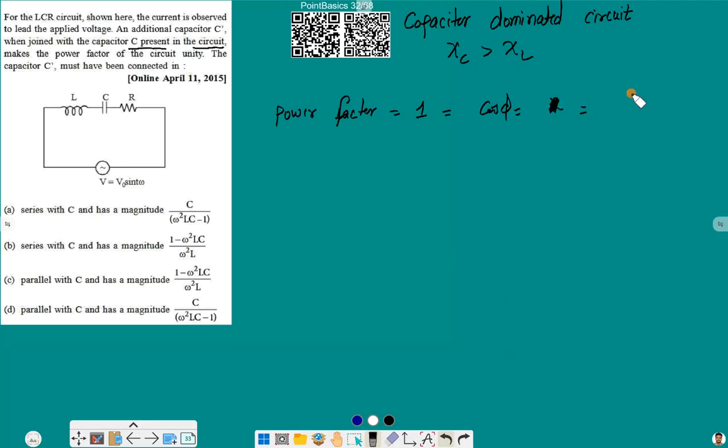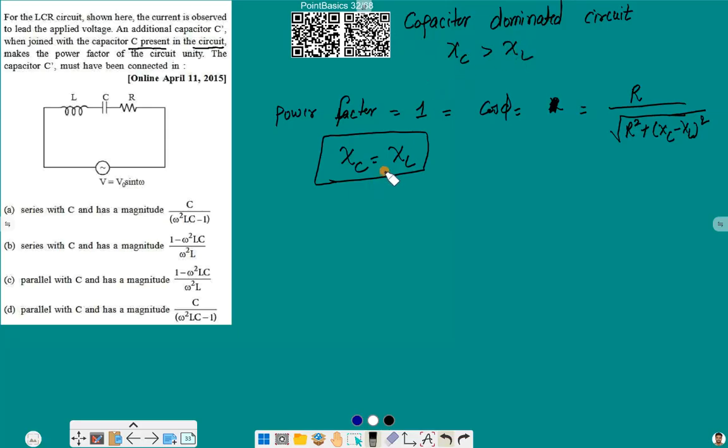So cos phi is R by Z, and Z is the square root of R square plus (XC minus XL) square. To make this term unity, we need XC equal to XL. Only then this term will become unity. And as already mentioned, it is a capacitor dominated circuit, so XC is already greater than XL.